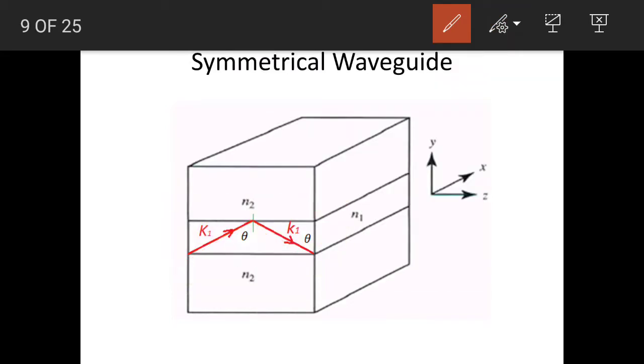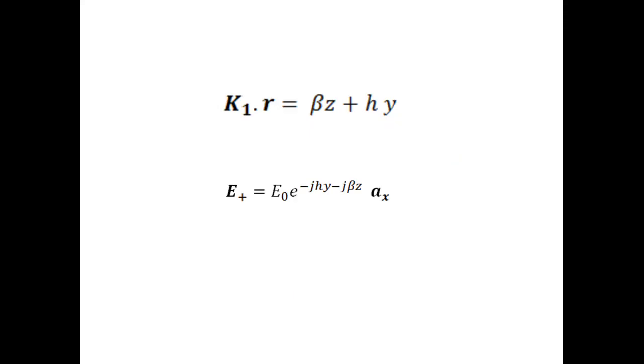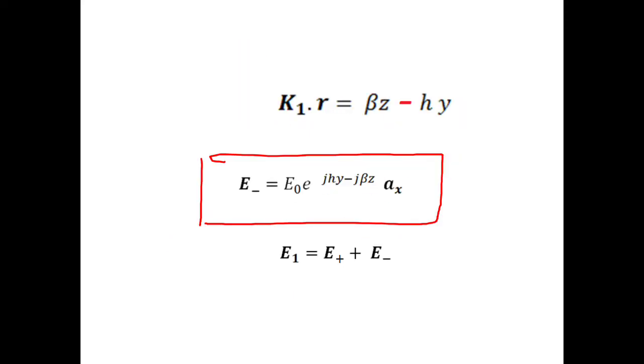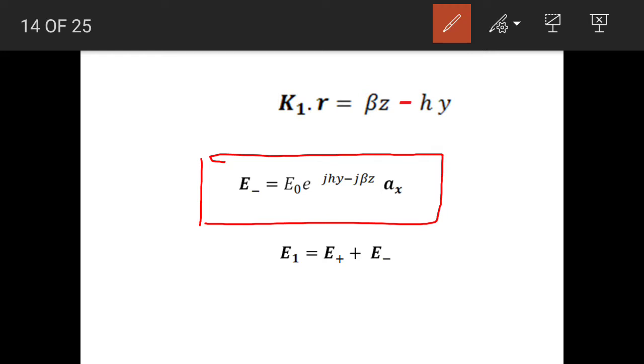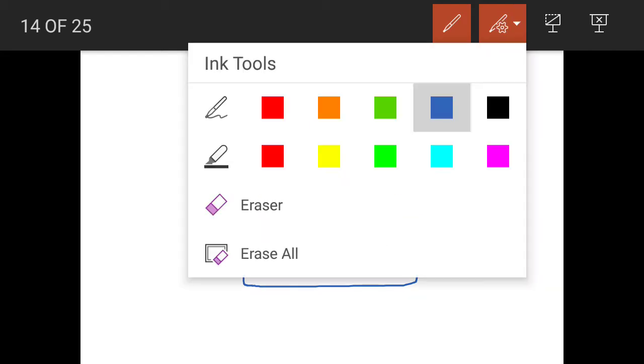So in order to find out the total electric field intensity in the central layer of the symmetrical slab waveguide, we take the phasor sum of the two intensities, the intensity of the light ray which is moving in the upward direction, and the intensity of the light ray which is moving in the downward direction. This will result in the total intensity in the central layer.